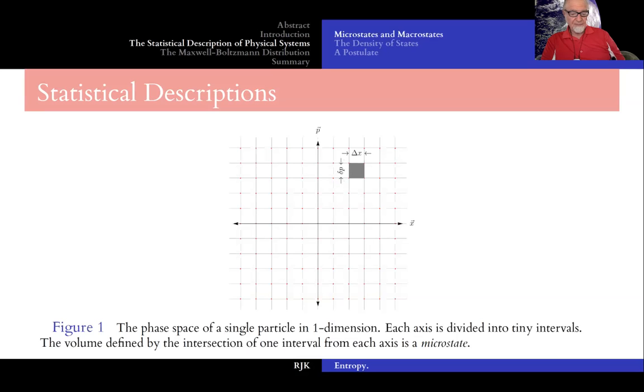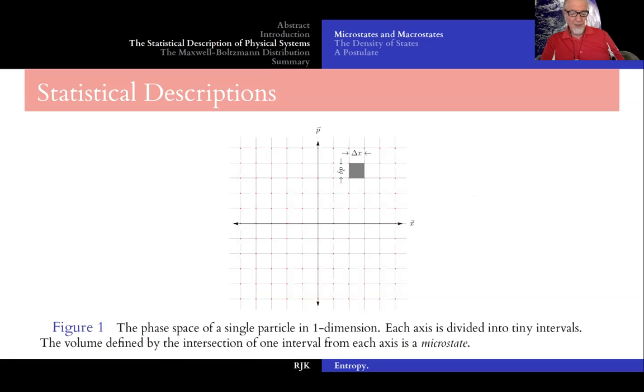Okay, so the volume defined by the intersection here, this little area, is a volume because this is actually 6n dimensional space, so it's a volume, even though it's here only an area.